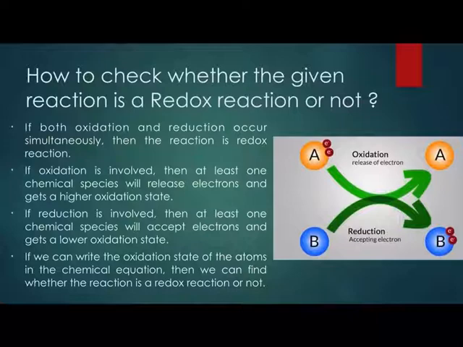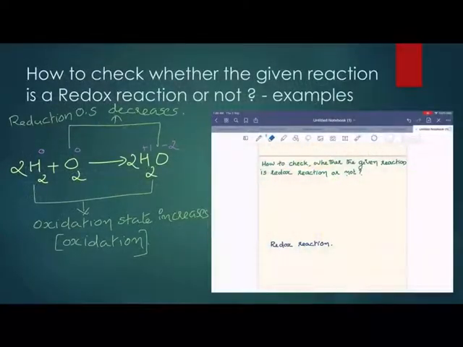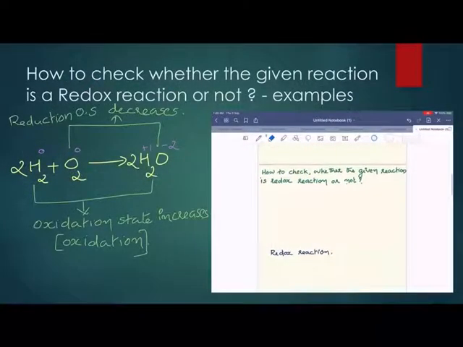So the oxidation state of one species decreases in reduction. If we can write the oxidation states of the atoms in a chemical equation, then we can find whether oxidation and reduction occurred simultaneously and check whether the reaction is a redox reaction or not. For example, I'm giving you one equation.